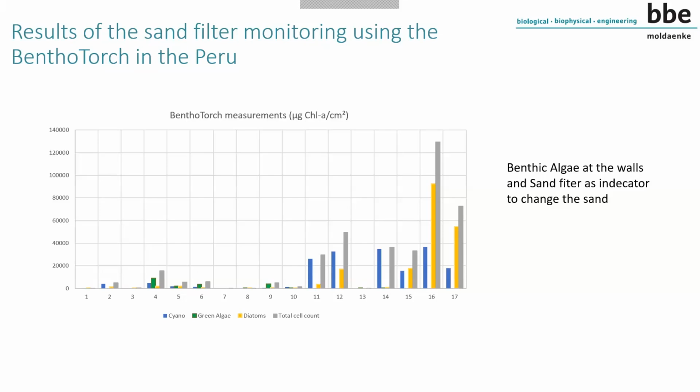And this is a high amount of biomass, which is quite often overseen. When people take a sample from the open water and bring it to the lab, it is not the reality. But here in Peru, you can see that they use it also to determine the algae contents on surfaces. And this is a high amount of photosynthesis that takes place. And it is well known that the cyanobacteria on these sediments can also produce these biotoxins.